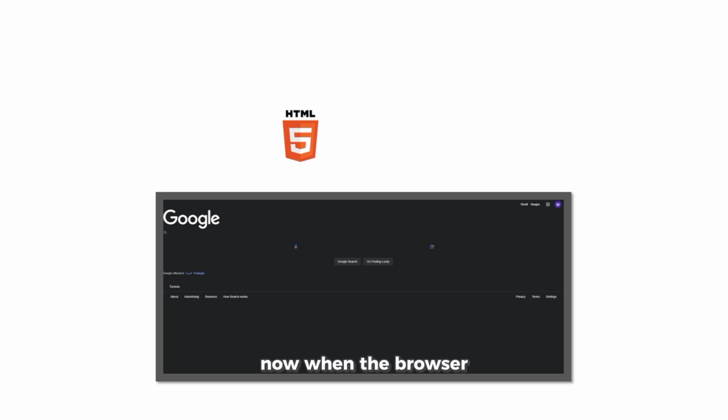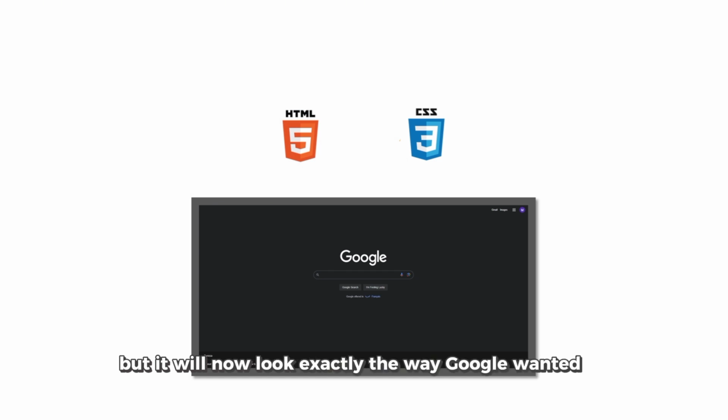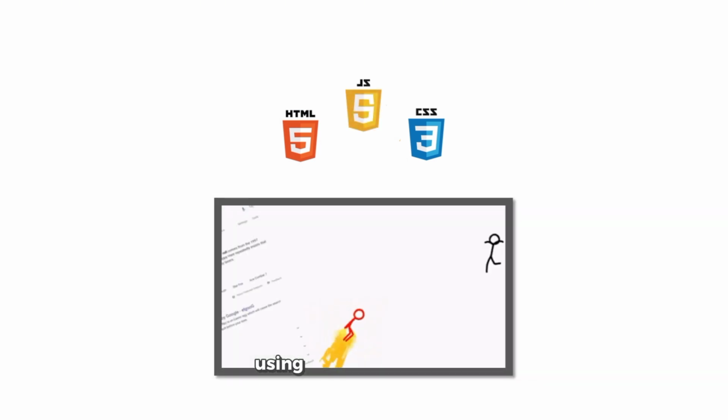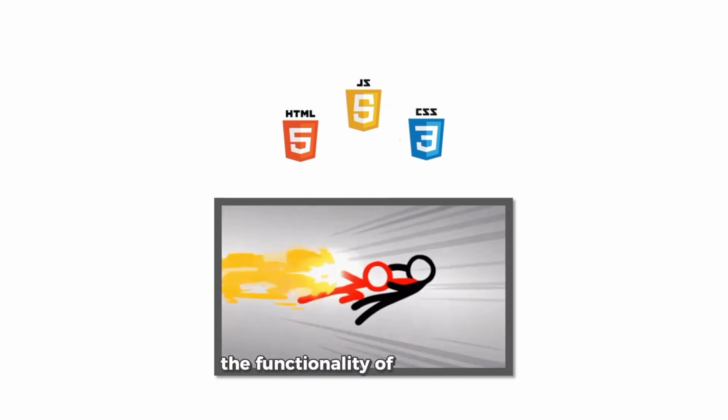Now, when the browser then loads up the CSS files, it will modify the appearance of those components. So we don't get any extra buttons or images or anything with CSS, but it will now look exactly the way Google wanted it to, the shape of that text box or the color of the buttons. And finally, using the JavaScript file, the browser gives us the functionality of this website.